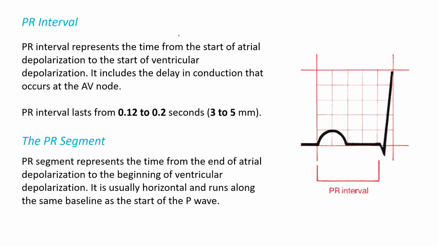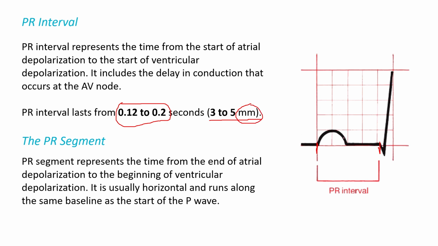Next, let's talk about the PR interval. The PR interval starts from the start of the P wave and ends at the start of the QRS complex. Normally its duration should be between 0.12 and 0.2 seconds, which is represented by 3 to 5 millimeters. By the way, when I say millimeter, it represents small boxes.